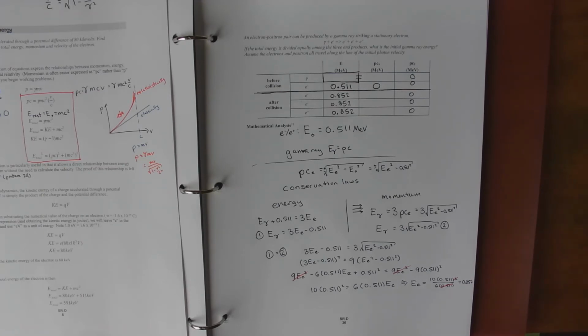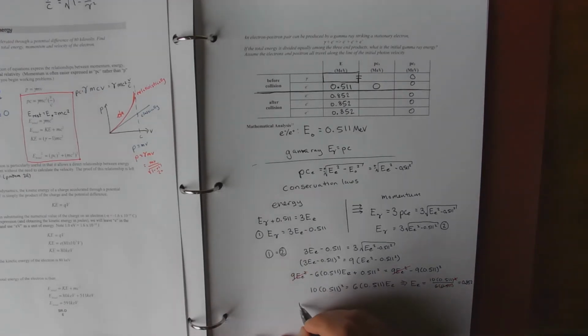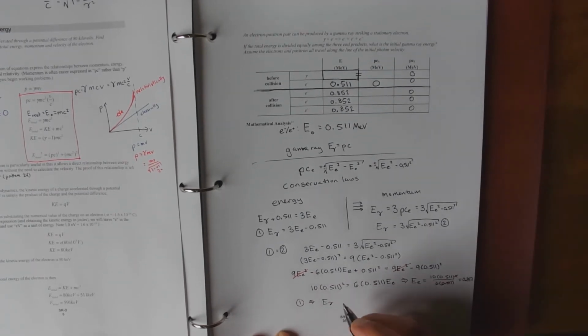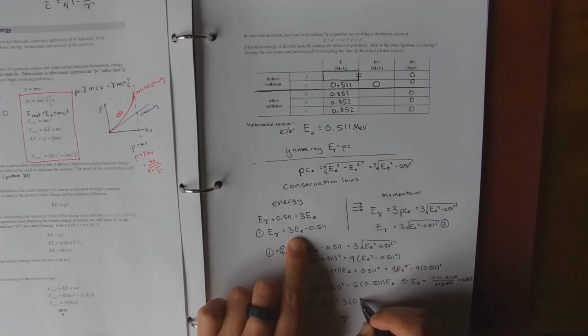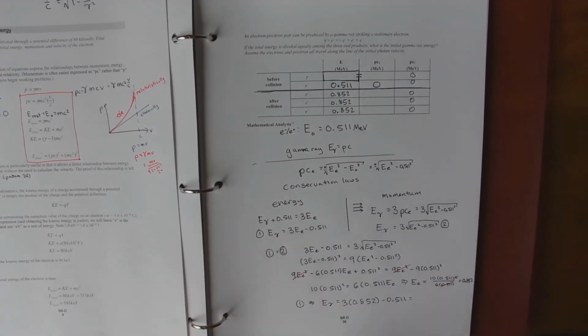And I want to know the total energy for the gamma ray before the collision. Let's use equation 1 for this. So the total energy is equal to 3 times 0.852 minus 0.511, and that gives me 2.044.